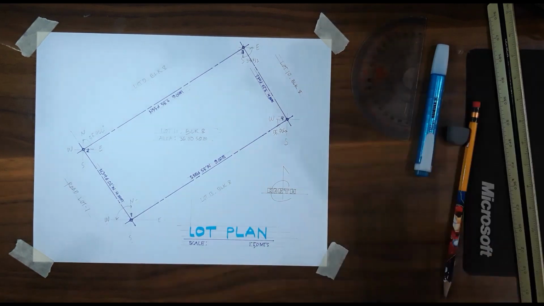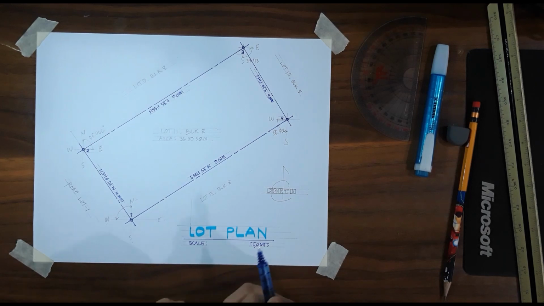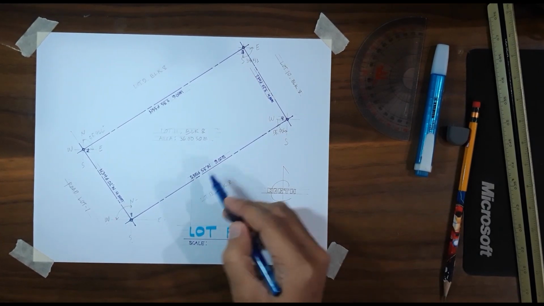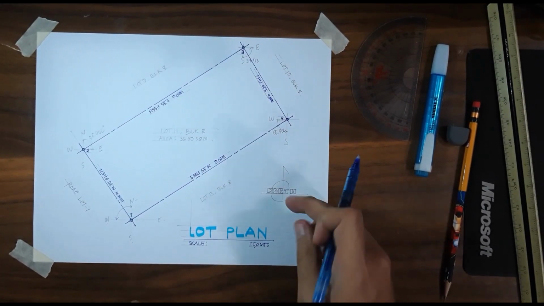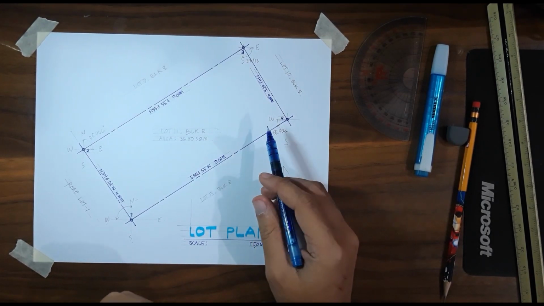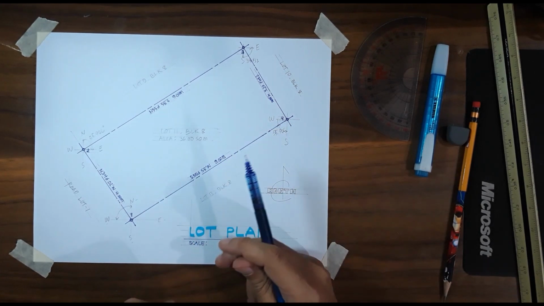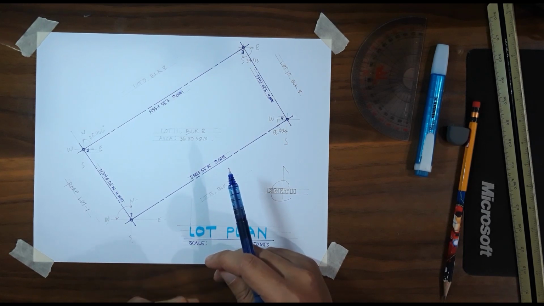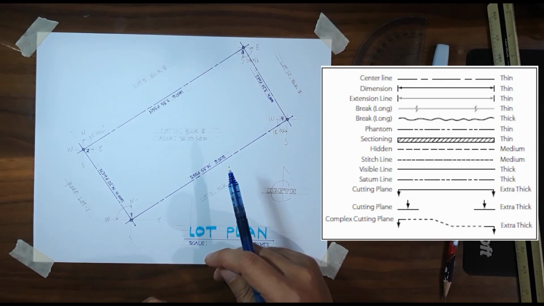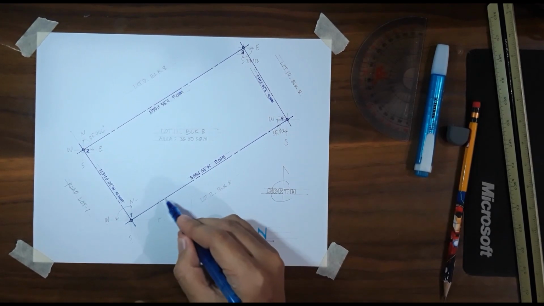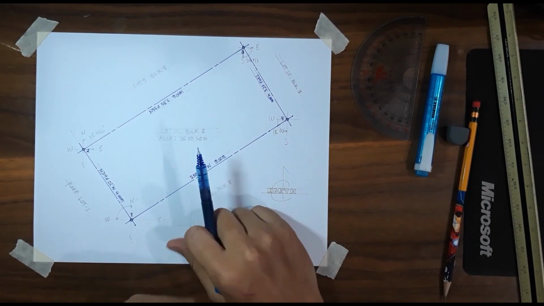The straight, continuous line is the typical line we know. And this one is straight, broken, straight, broken, straight, broken. This line is what we call the center line. The other line we usually encounter in drafting is the so-called phantom line. What is the phantom line? It's basically straight, broken, broken, straight, broken, broken. So that's the phantom line.